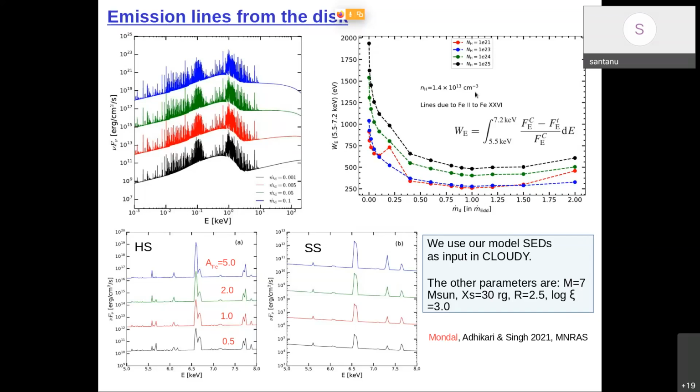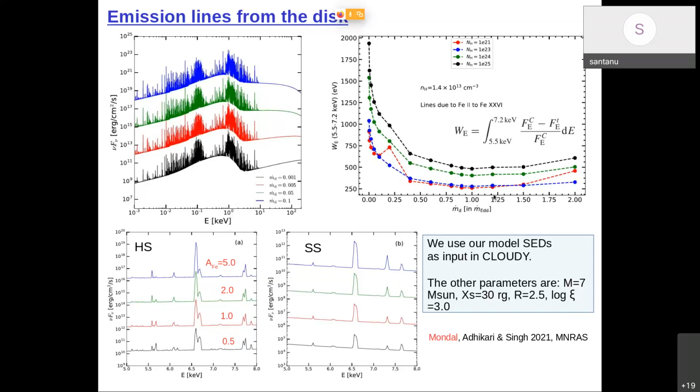In the right top panel, we have estimated the equivalent width of this iron line between the 5.5 to 7.2 keV energy range, considering Fe II to Fe XXVI species.